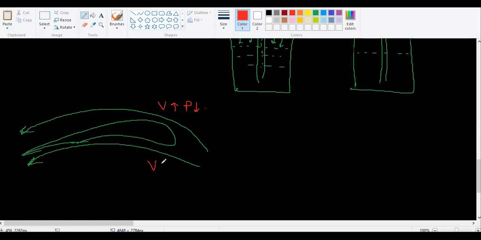Here velocity is lower, pressure is higher, which means it will create a pressure differential and push this up.